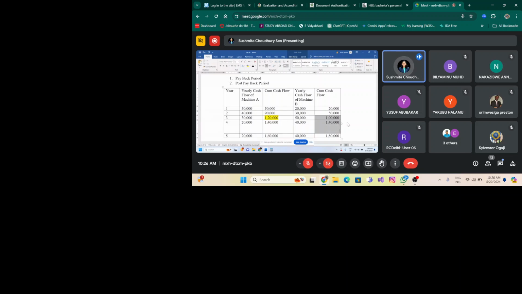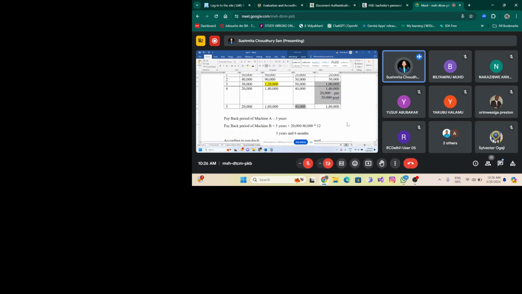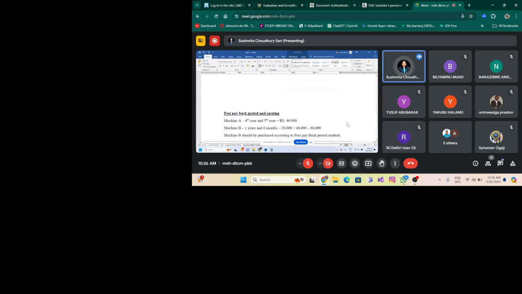Here you can see the division would be 20,000 for 6 months, which is pre, and another 20,000 would be for post, because the 40,000 is the total earning. This 20,000 is falling under the payback period. So the rest of the 20,000 will be the earning after getting your investment back. So in the fourth year, post earning is 20,000, and in the fifth year another 40,000. So the total earning would be 60,000 here.